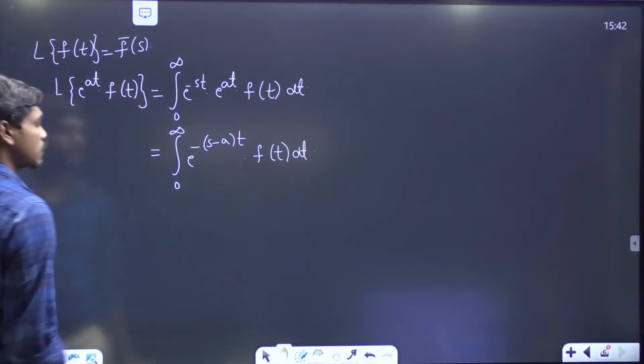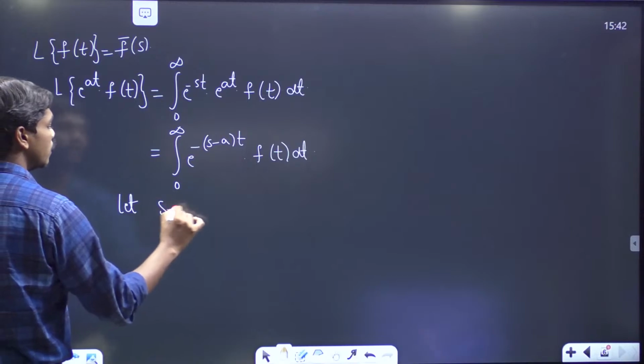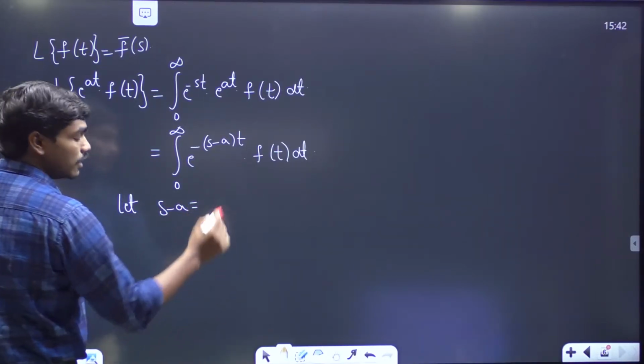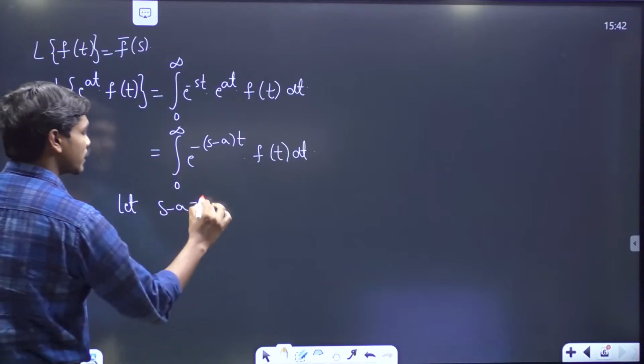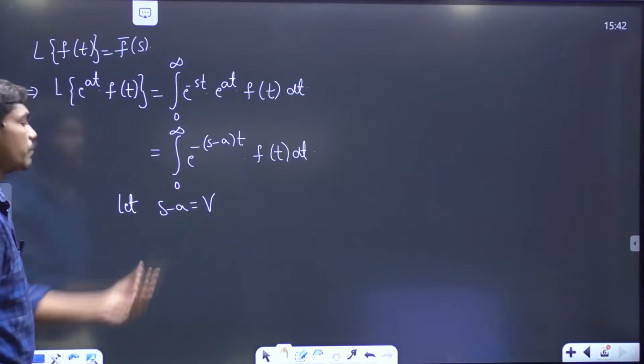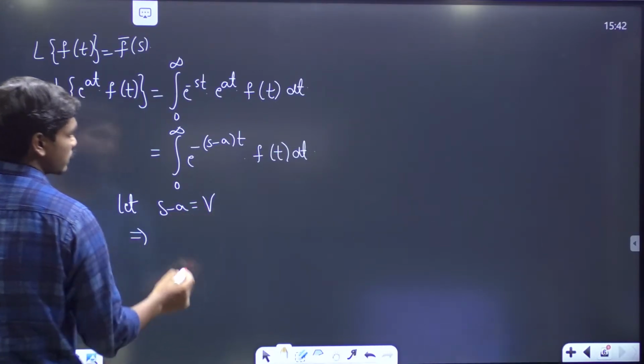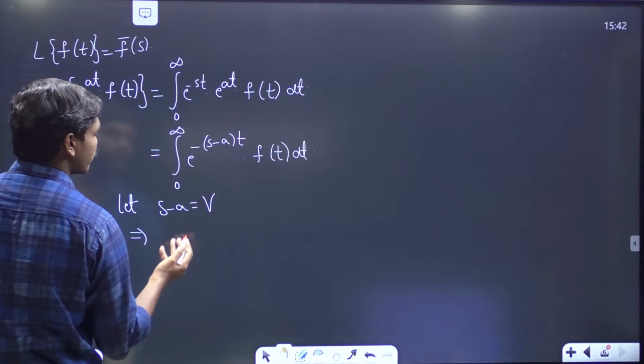Now if I make a substitution, let s minus a be equal to, s is already utilized, so let us take v. s minus a is equal to v.